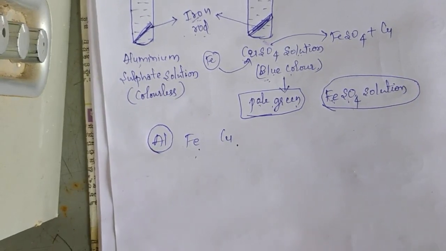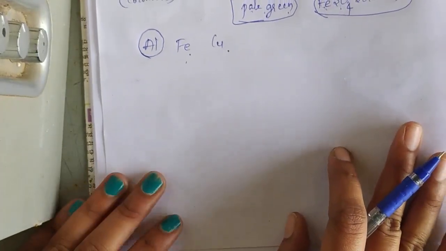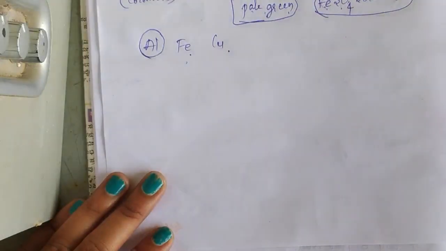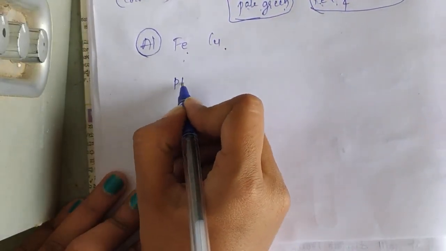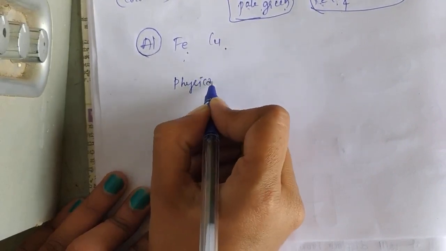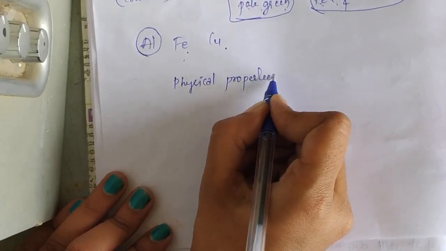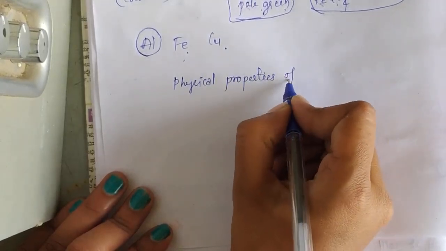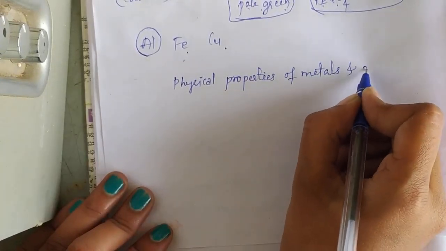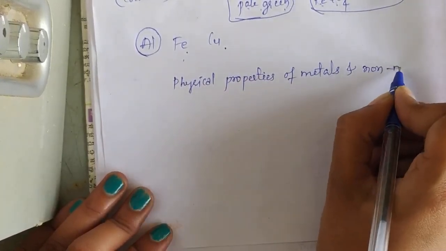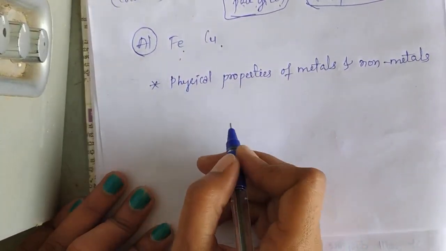And one more thing, children, in this chapter, metals and non-metals, it's very important that you study thoroughly the physical properties of metals and non-metals.